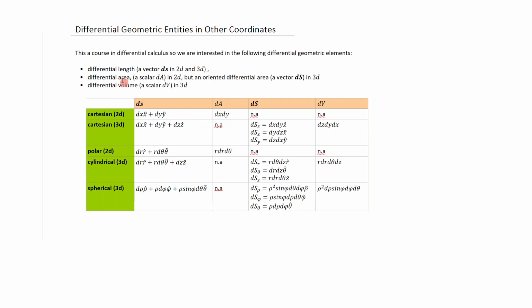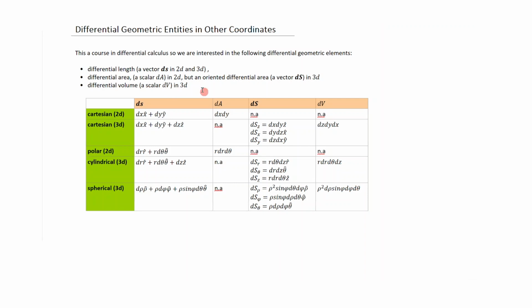For a differential area in 2D, we'll usually use the symbol dA. But once you're looking at curved surfaces in 3D, that's an oriented differential area, in which case we'll use a vector, a d, uppercase S, to represent the fact that it is a differential area and it's a vector in 3D. And finally, differential volume, which is a scalar, and we'll represent it by a dV.